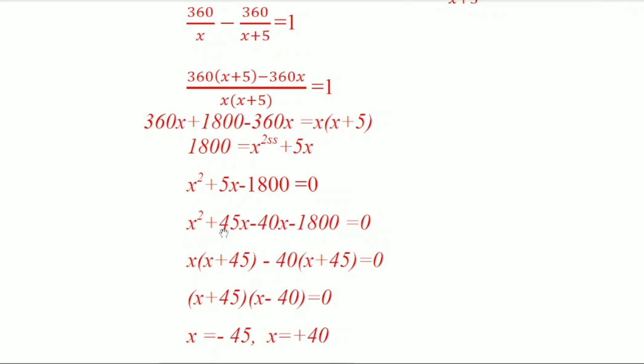Here x is common, so I am taking x outside; the remaining is x plus 45. Minus 40 is common, so the remaining is x plus 45. So x plus 45 into x minus 40 equals 0. So x equals minus 45 and x equals plus 40.